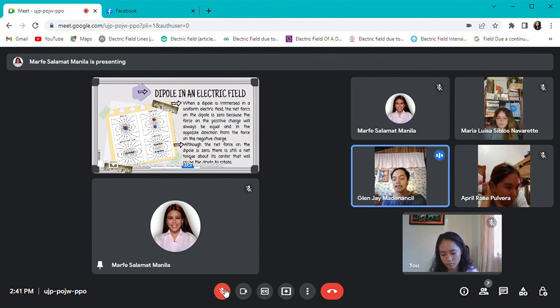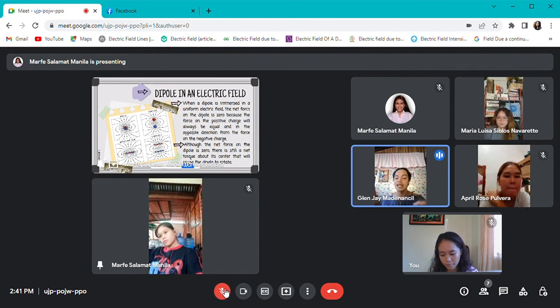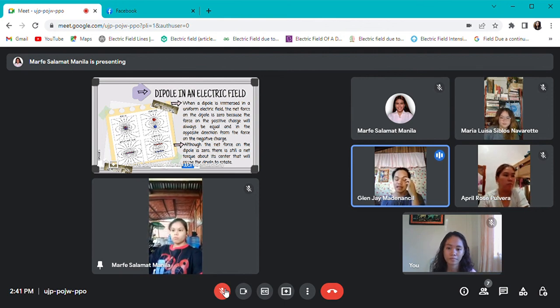But then the point there is naay duha ka charges, naay dipole sa electric field, and they will try to twist para mo-align sila sa electric field. I guess dila na to ma-confirm nga kana nga thought with regards to the dipole in an electric field.